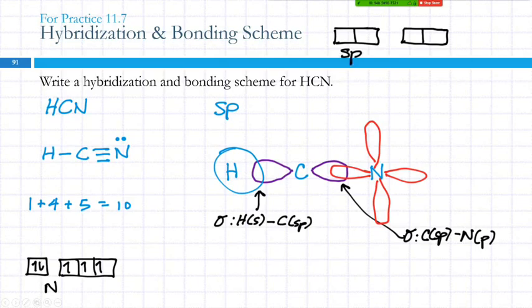So this is sp hybrid, and this is just the regular p. So carbon has 4 valence electrons, and so they're going to go like this. We've got 2 in the hybrid orbitals and 2 in the unhybridized orbitals. So this is one of our sp orbitals here, another one over here, and then carbon has 2 unhybridized p orbitals.